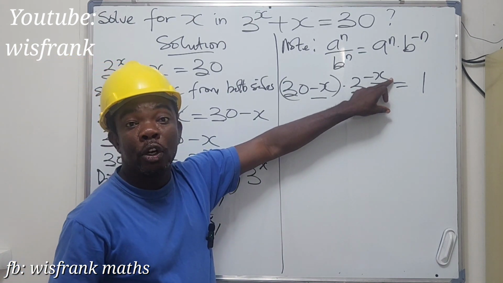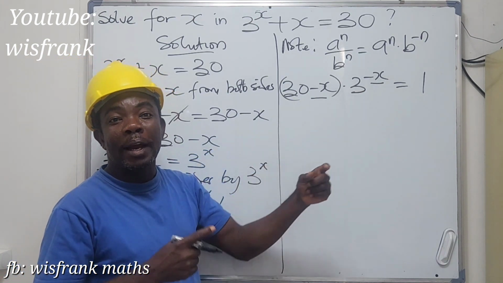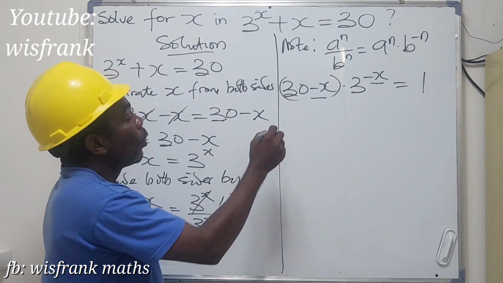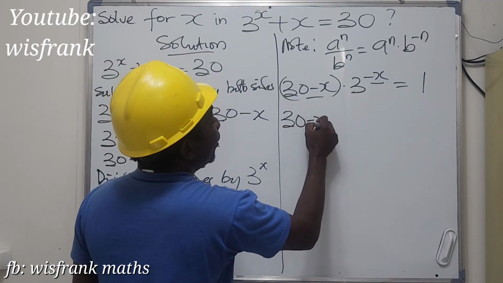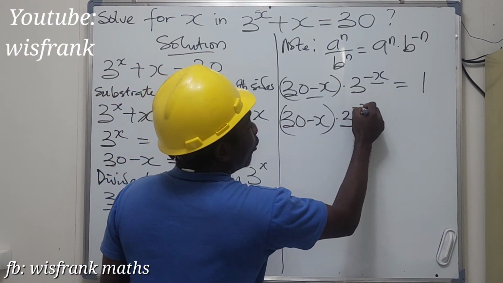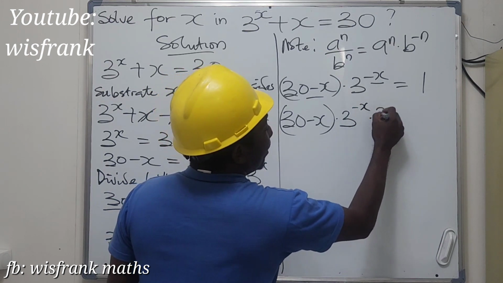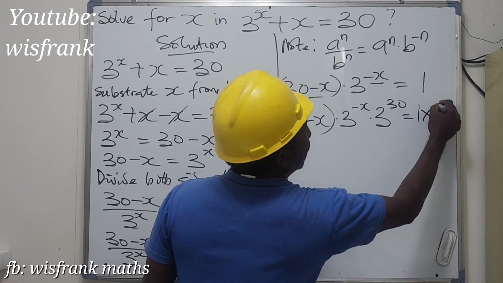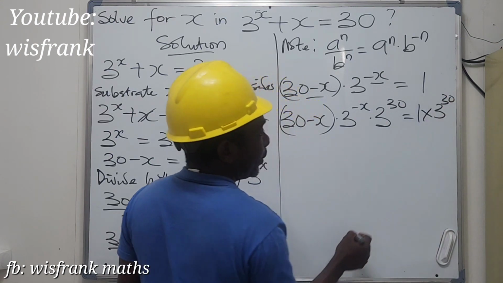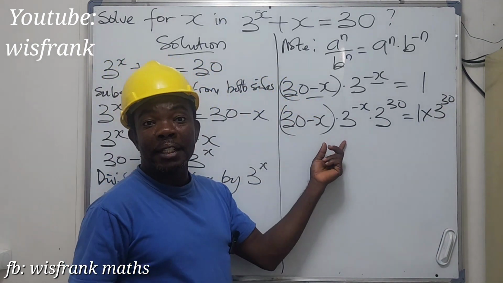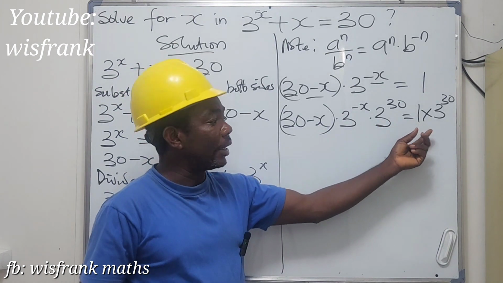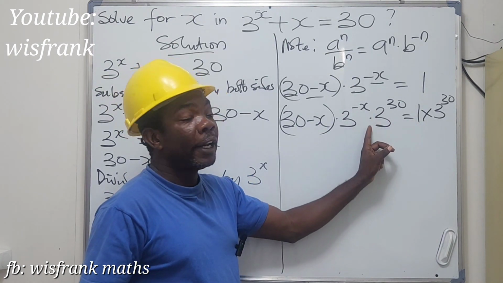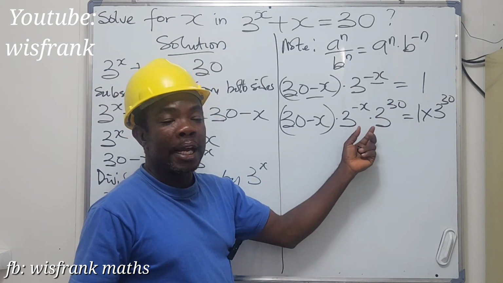We are arriving at 30 minus x times 3 to the power of minus x times 3 to the power of 30 equals 1 times 3 to the power of 30. What we do on the left hand side is what we'll do on the right hand side. So we are multiplying 3 to the power of 30 on both sides.